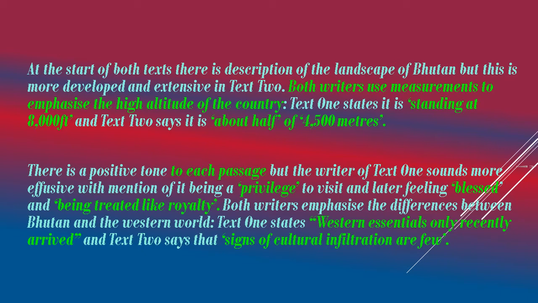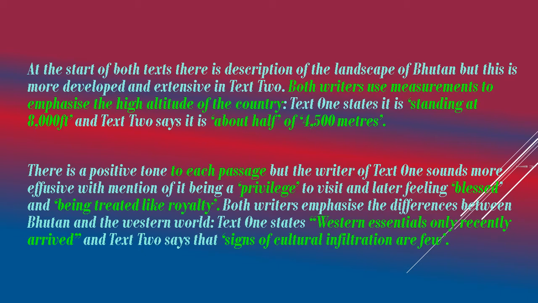There is a positive tone to each passage, but the writer of text 1 sounds more effusive, with mention of it being a privilege to visit, and later feeling blessed and being treated like royalty.